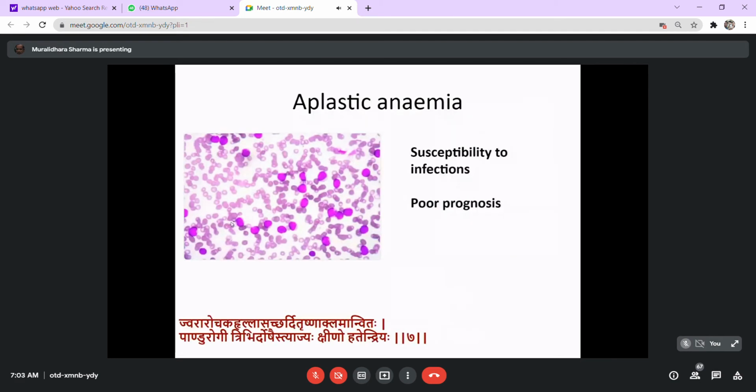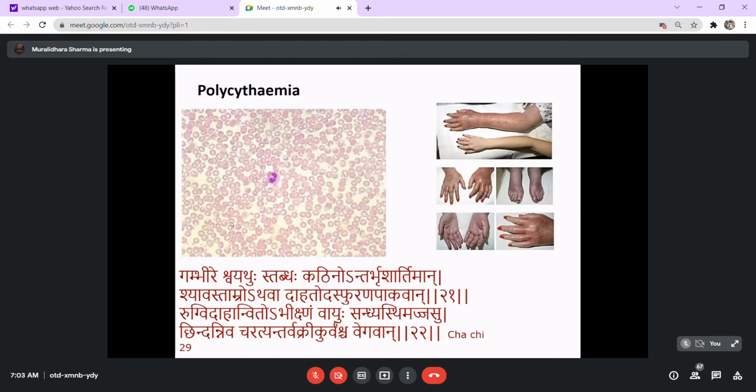Now, that's about aplastic anemia, which is considered by Sushruta as the Tridoshaja pandu, where you will have clinical symptoms like Jwara, Arochaka, Lhasa, etc. The systemic symptoms are more common as such. I don't suggest any specific treatment for aplastic anemia.